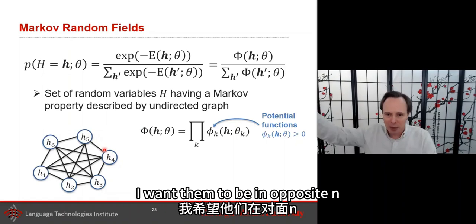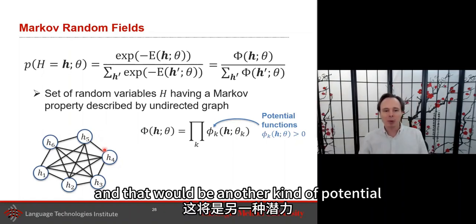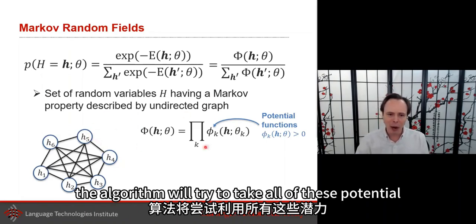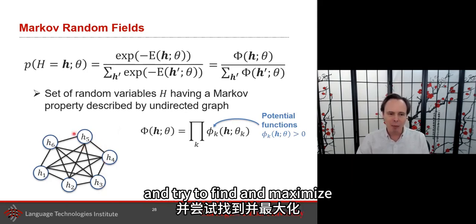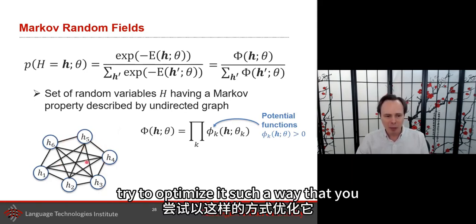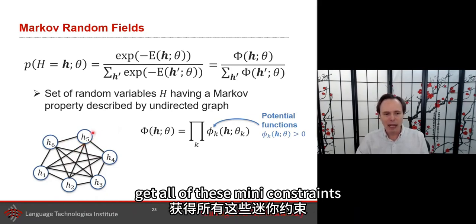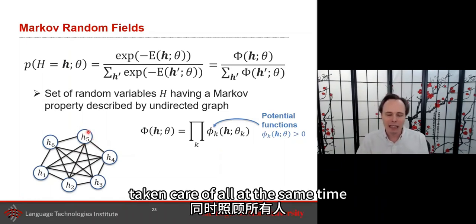I want them to be in opposite ends, and that would be another kind of potential. The algorithm will try to take all of these potentials and try to find and maximize, or optimize, it in such a way that you get all of these many constraints taken care of at the same time.